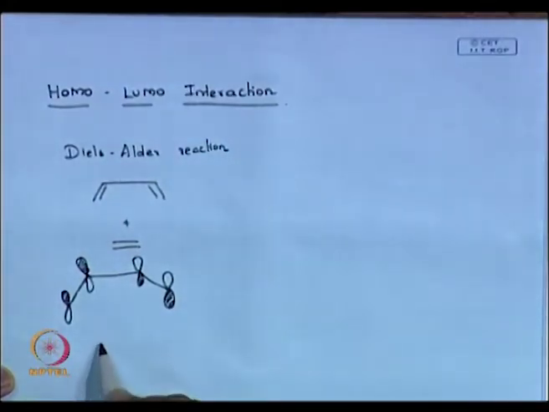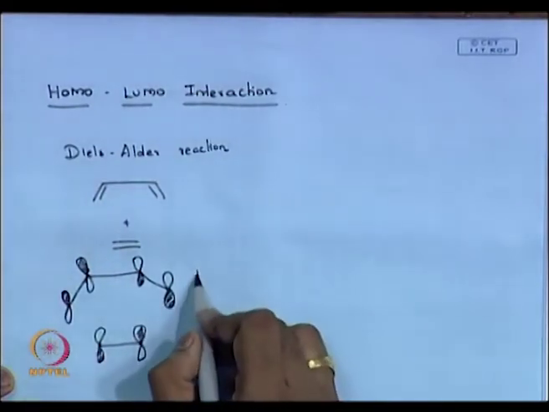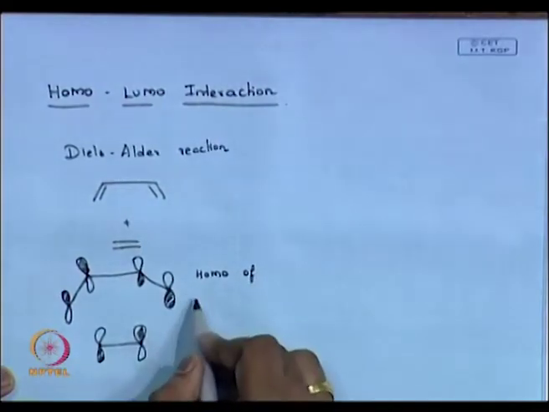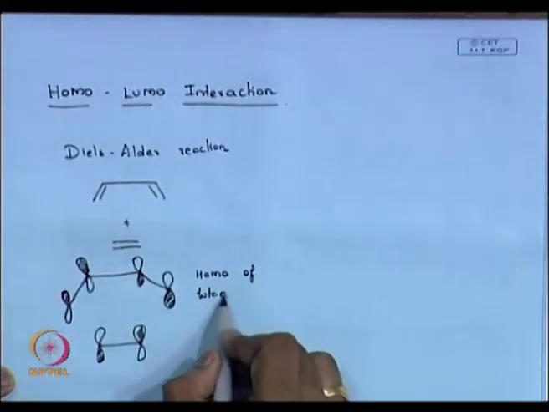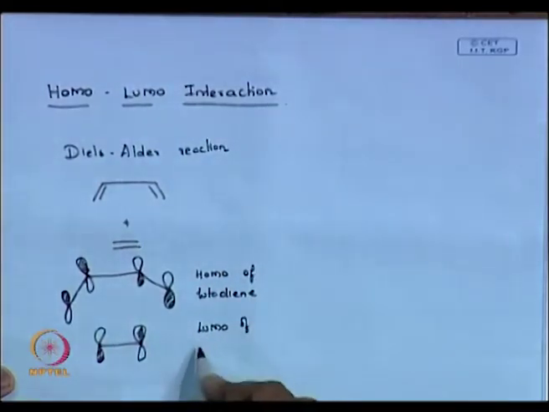Then we will draw the LUMO of your dienophile. So, this is the HOMO of butadiene, and this is the LUMO of your alkene, that is your dienophile.